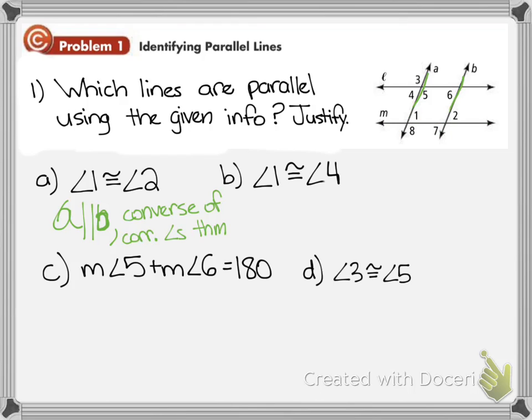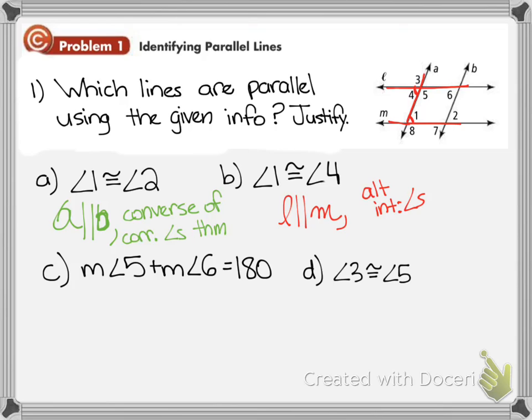All right, let's look at the next piece of information we have. 1 is congruent to 4. Let's look at the lines that make up those angles. We have these lines here. What lines could we say are parallel, knowing those two angles have the same measure? Well, we could say that L is parallel to M. Now, what type of angles are 1 and 4? 1 and 4 are alternate interior angles.